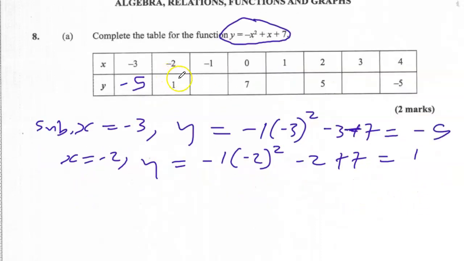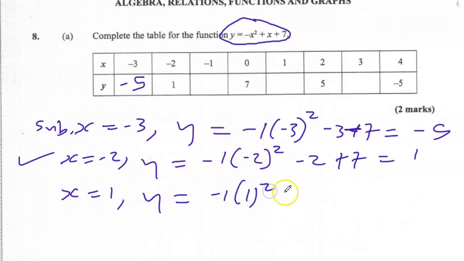When x is negative 1, we didn't need to do this because we already have that. When x is 1, y is equal to minus 1 times 1 squared plus 1 plus 7. That's minus 1 plus 8, that's 7. So when x is 1 it's 7.